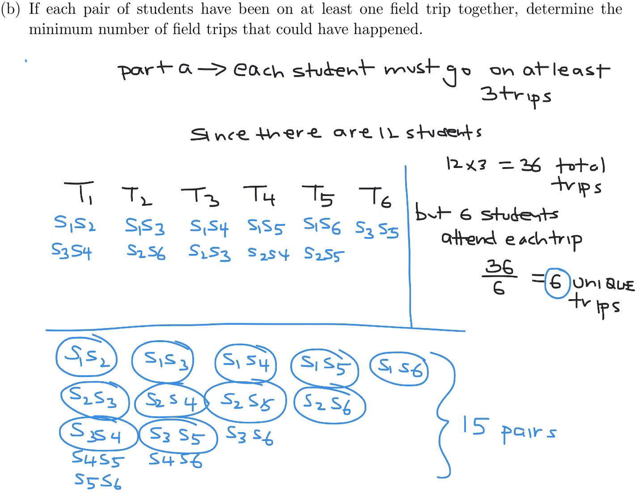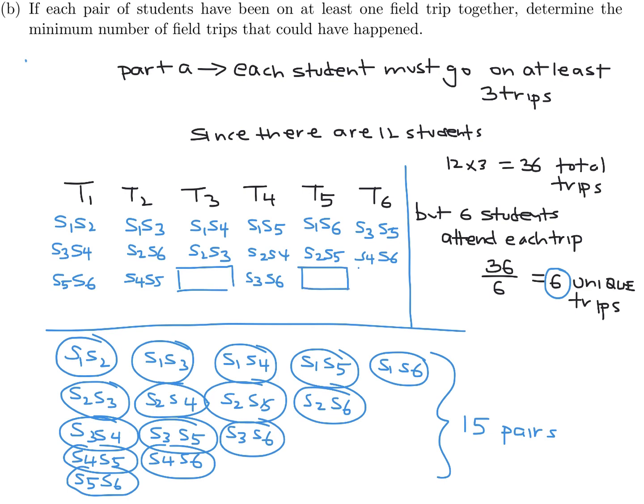S3, S6 can fit in trip 4. Okay, great. Now we're down to S4, S5. S4, S5 I can put here. That would match. S4, S6. I can put that here. And then S5, S6. I can put that here. Okay. And then the remaining, we got some slots remaining here.